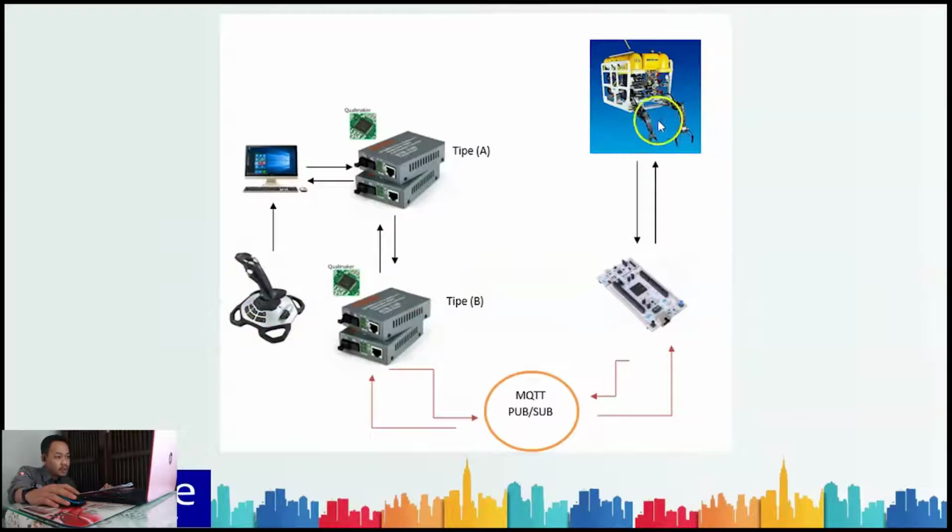The joystick has the job of controlling a robot, but this is left for further research. Then you can also see in the middle there is the MQTT protocol for the controller, with an LED control program using the Arduino Uno.